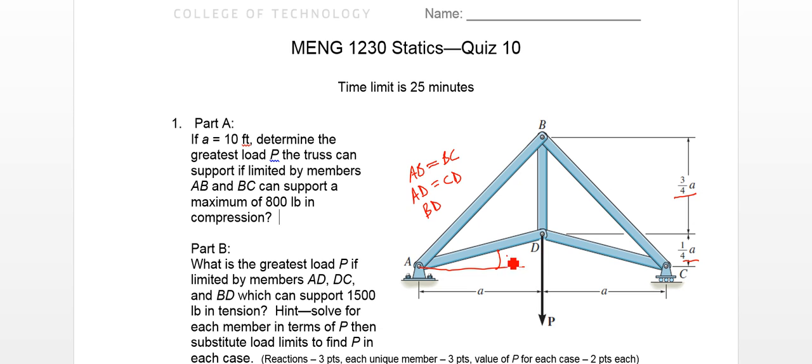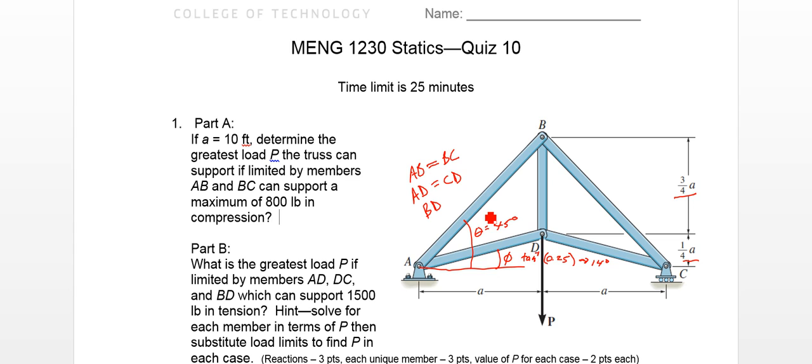I'm going to call this one phi, and that's going to be the arctan of 1/4 A over A, so that's 0.25, and that works out to be 14 degrees. And then this is the height of A over A, so this angle here, theta, equals 45 degrees.